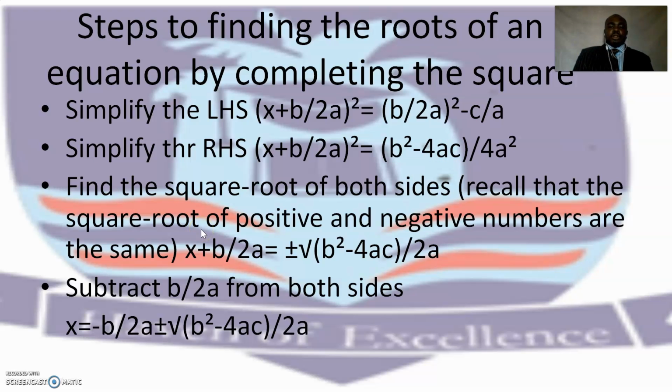Now we find the square root of both sides, since we want x to be the subject of this formula. Finding the square root of both sides, we simply remove the square here and put a square root sign here. But remember that the square root of every number can either be positive or negative, since both positive and negative numbers multiply to give the same square, such as 2 squared is equal to 4, and minus 2 squared is also equal to 4.